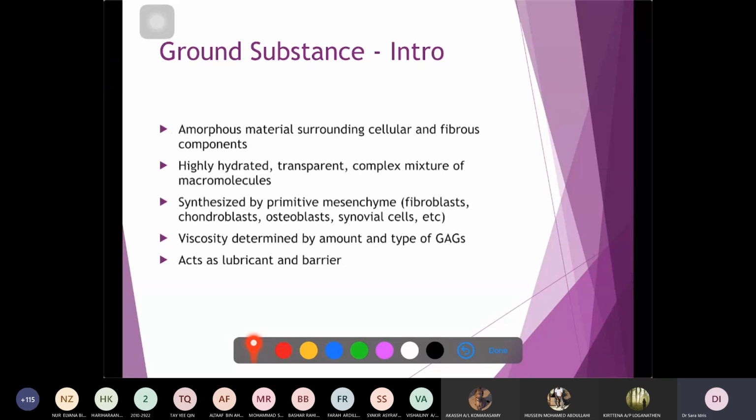So this viscosity helps to provide a barrier for foreign substances to travel through. And this is the function of your connective tissue, the physical barrier that it can provide. It's not that you can't pass through at all. It's just going to slow it down a little bit more.